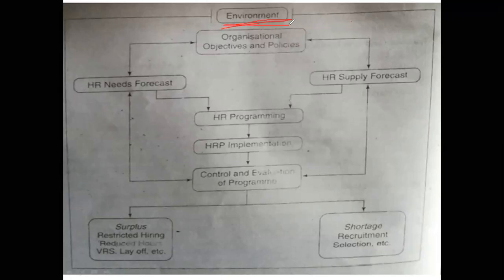Similarly, human resource planning is part and parcel of an organization, so naturally, automatically, it also works in the surrounding environment. Organizational objectives and policies will be framed initially. In this, two steps are going to be very crucial.